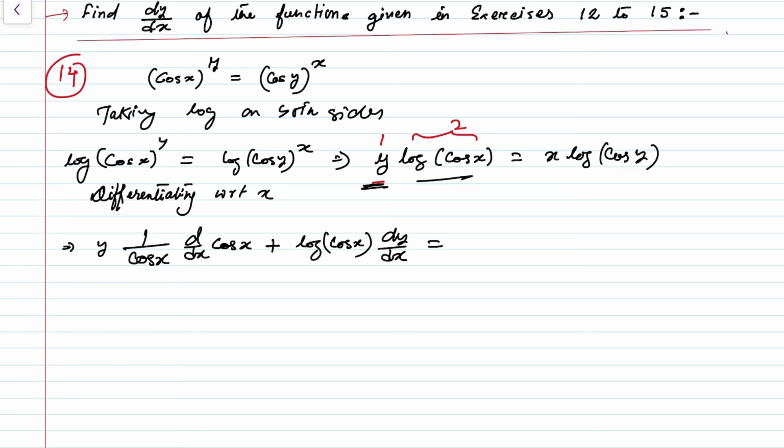On the right hand side also, assume this x as the first function and this one as the second function. Use the product rule again: first function x, then derivative of the second function, derivative of log of cos y.